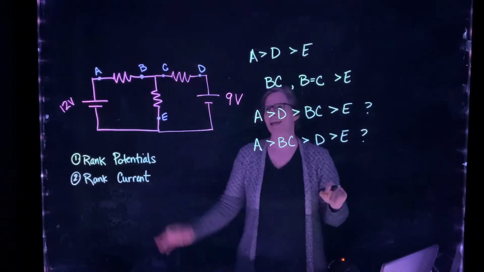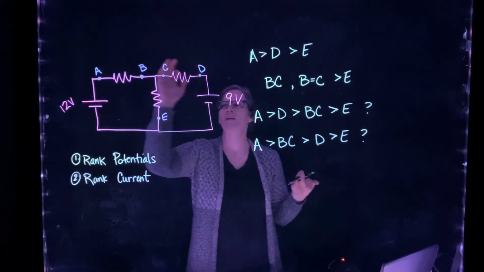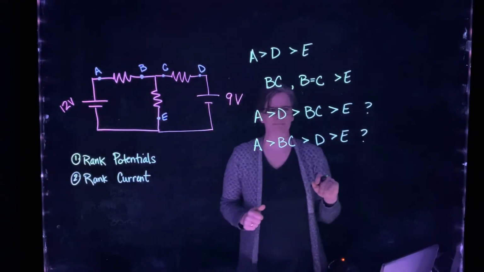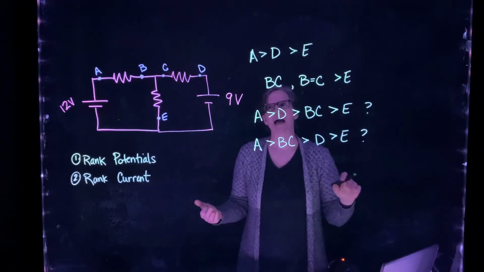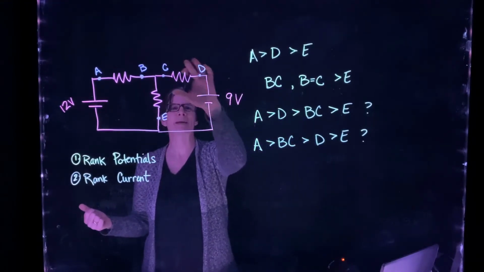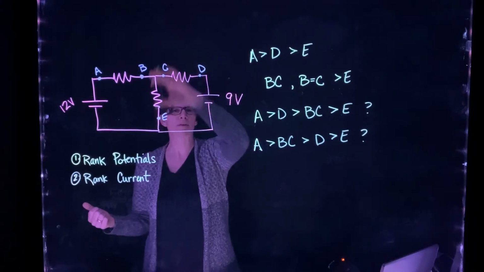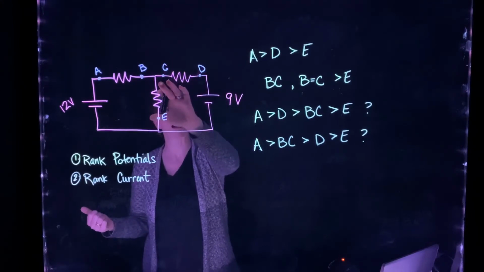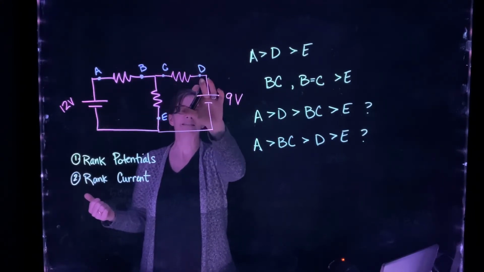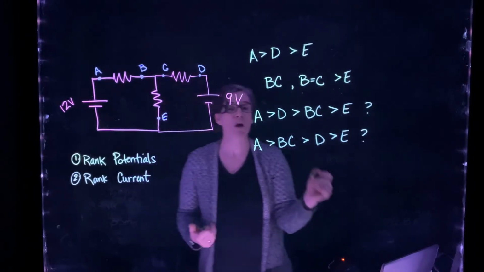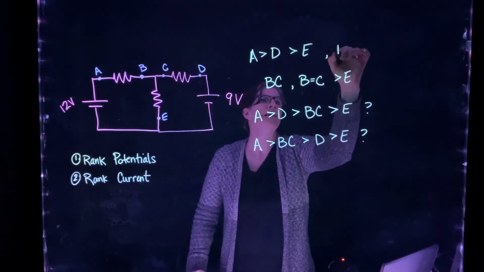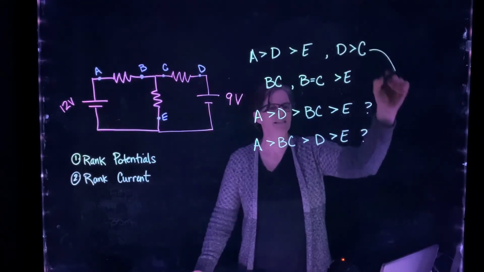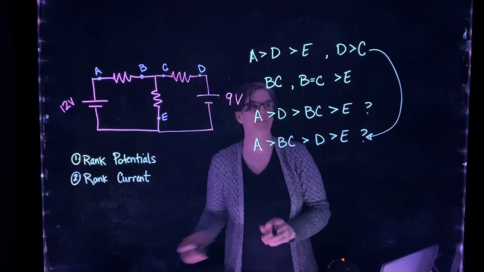We know that A has to be greater than D. We know that A has to be greater than E. And we know that B and C have to be greater than E. Well, how does D compare to C? If we think about the current going from our battery outward, we know that there's a potential drop across D and C. So we know that D has to be greater than C. And so if that's the case, the other one's not the right one.